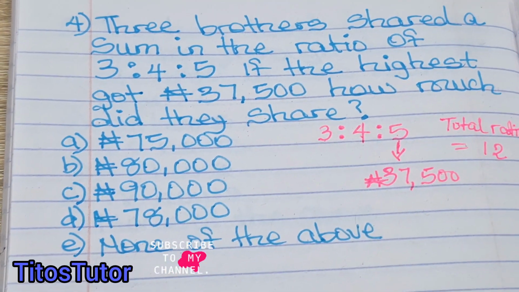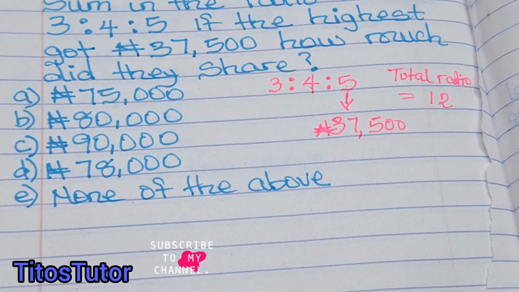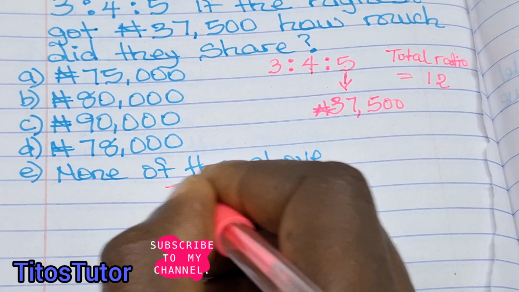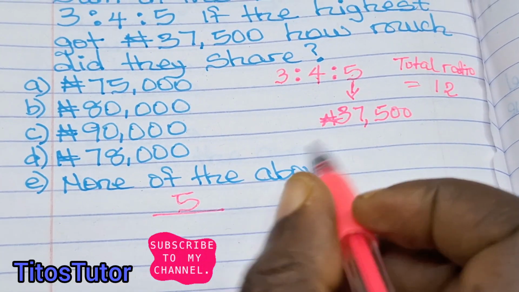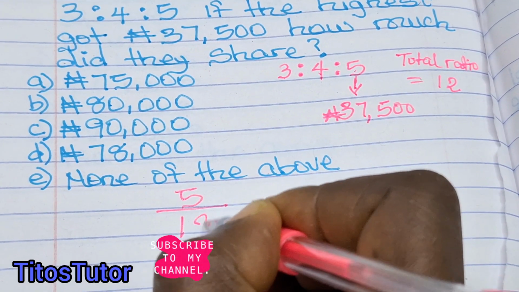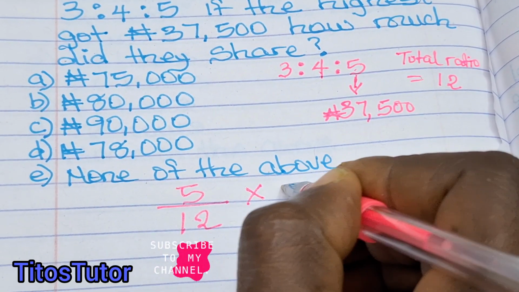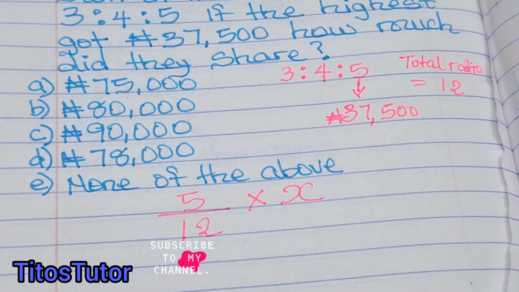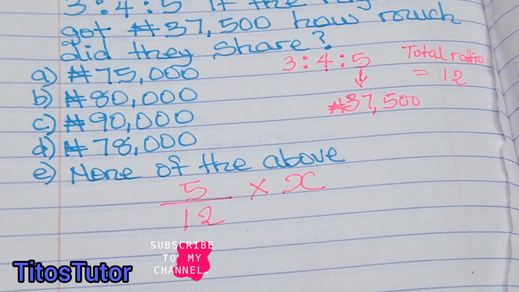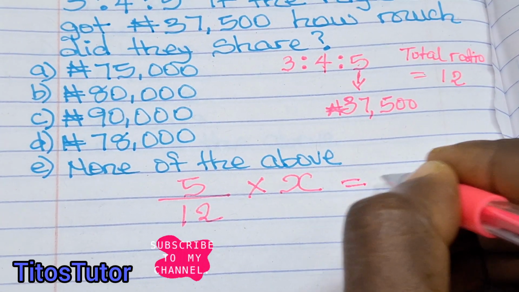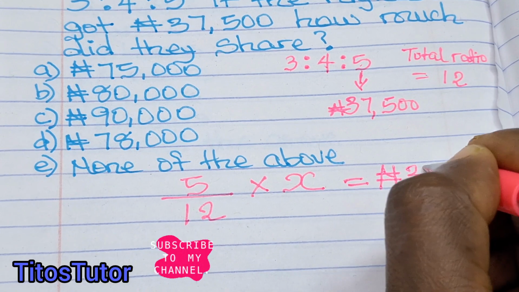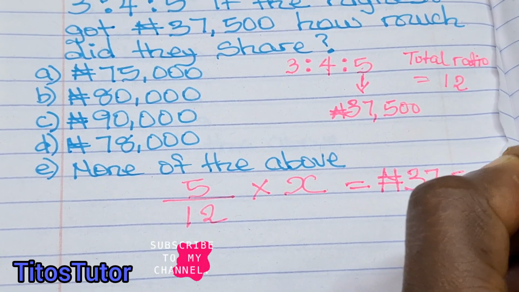So all I need to do is write my correct algebraic equation, which is 5, the highest ratio, over total ratio, multiplied by what they shared. I do not know what they shared, and that's what I'm looking for. So I'm going to represent that with x, is equal to the amount that the highest ratio got.